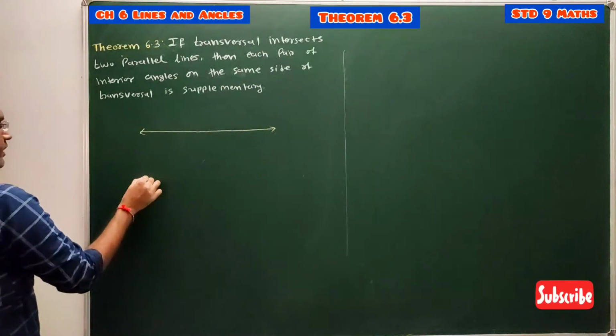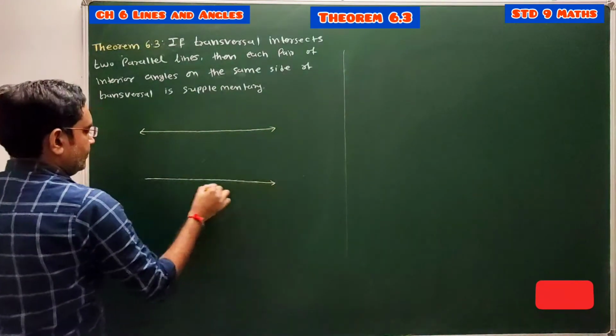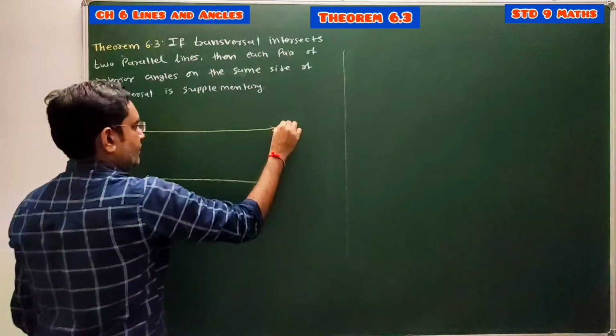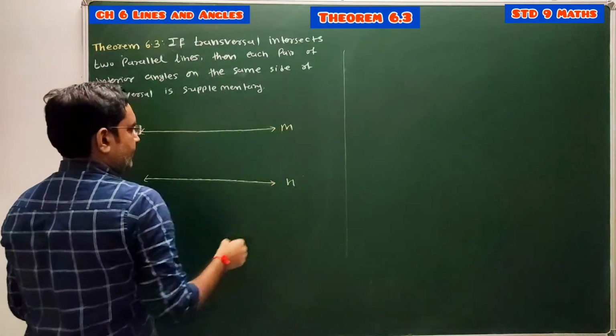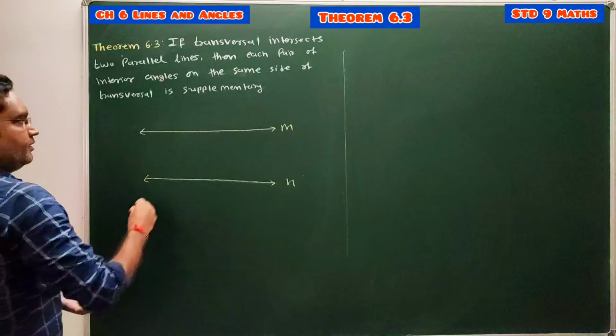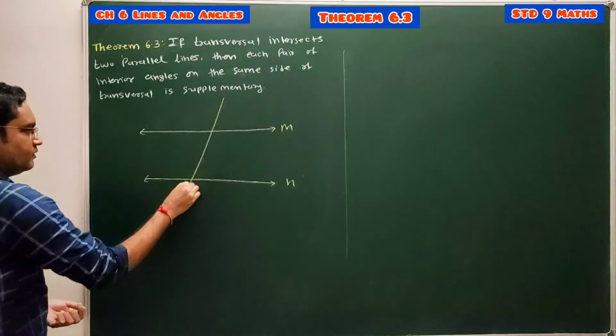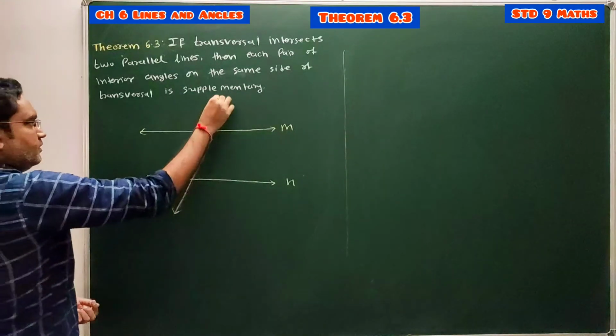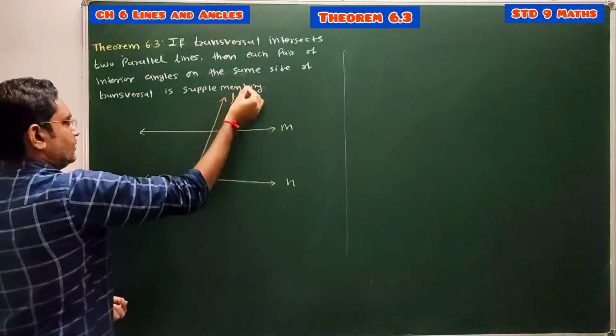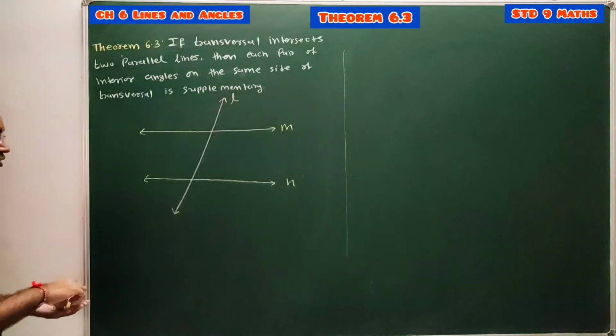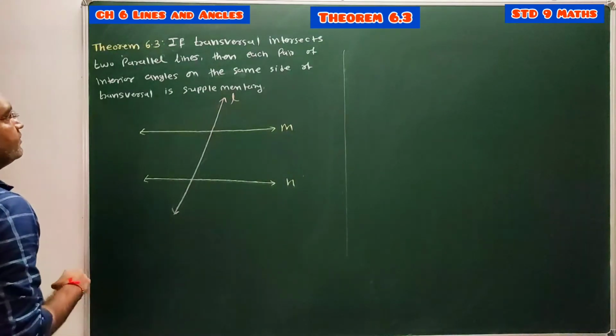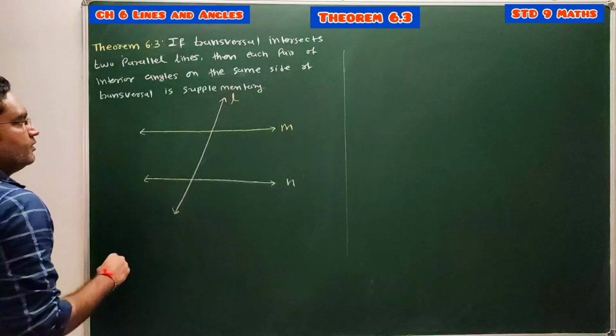So two parallel lines are line M and line N. Line M and line N are two parallel lines and its transversal is line L. So when a transversal intersects two parallel lines, then each pair of interior angles on the same side of the transversal is supplementary.